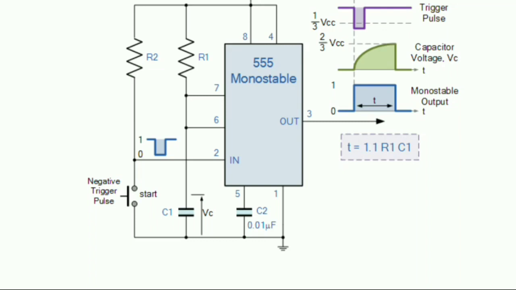Okay, the other one is the unstable state, that is what we get across the capacitor C1. As I told you previously, a capacitor doesn't accept sudden changes.